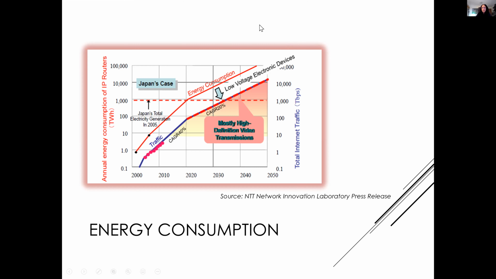This is an example taken from Japan, but it's true for all countries. So we cannot really keep all the working systems and increase the capacity just by adding more fiber links. So what should we do?